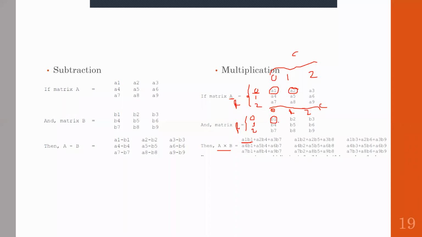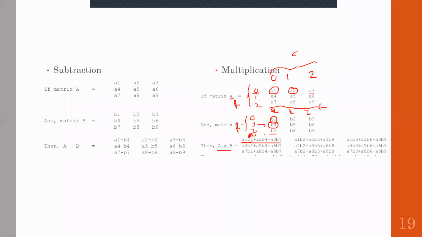We need to multiply this with B4, which has row 1 and column 0. So similarly, you continue with the rest. In this case, A3 is multiplied with B7 and added to the previous result. So this will give you the first element of AB.